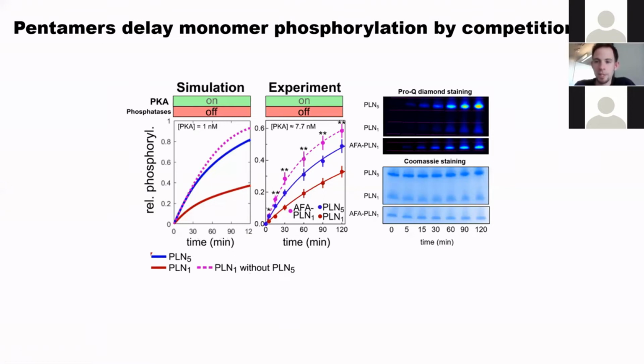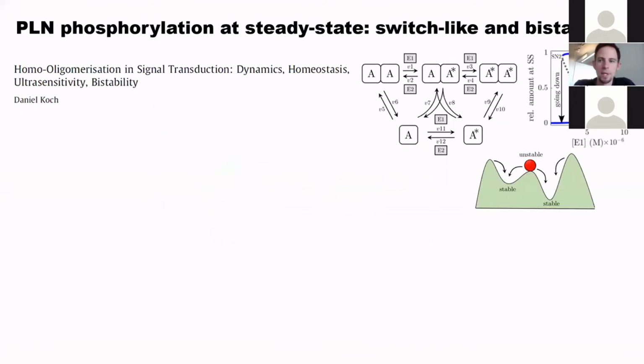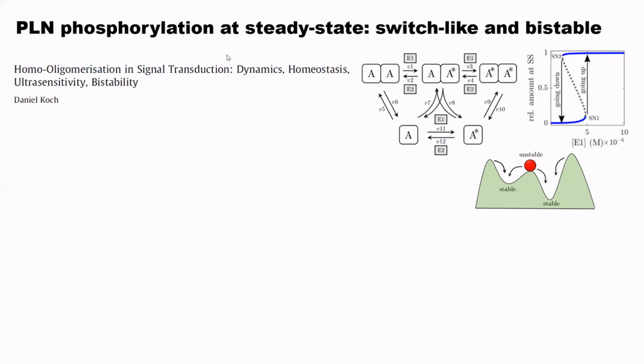So in addition to these time course experiments and simulations, I also wanted to know what happens at steady state as a function of pKa. The reason for that is that I found in a previous study, a theoretical study of mine, that when you have oligomeric proteins which can be phosphorylated, then all sorts of really interesting phenomena can happen.